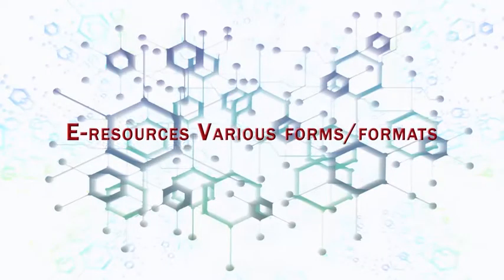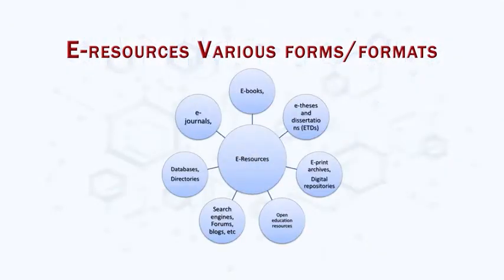Now, talking about e-resources, because most of these open access resources are in electronic format, there are various forms and formats. We talk about e-books, e-theses and dissertations, e-print archives, digital repositories, open education resources, search engines, forums, blogs and things like that.